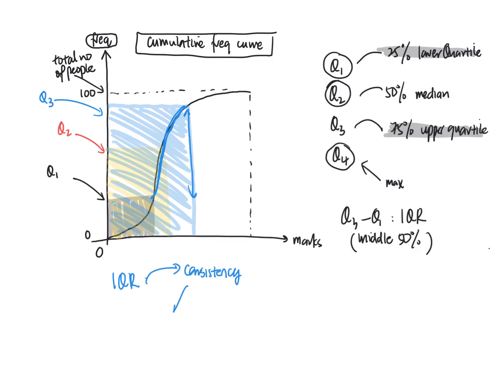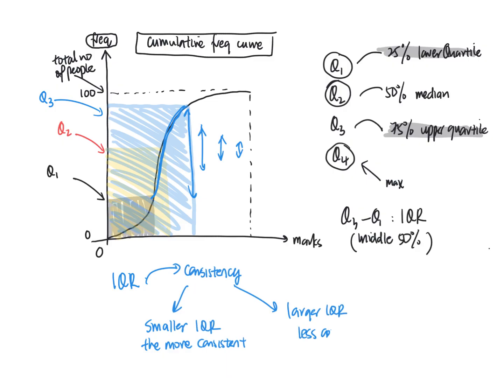So you must remind yourself, the smaller the interquartile range, the more consistent it is. Because if you squeeze this to become smaller and smaller, that means your data for the middle 50% are very near each other. So the marks that they get are very consistent. But the larger your interquartile range, the less consistent your data is.